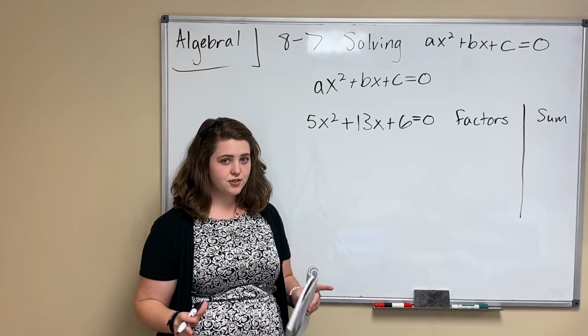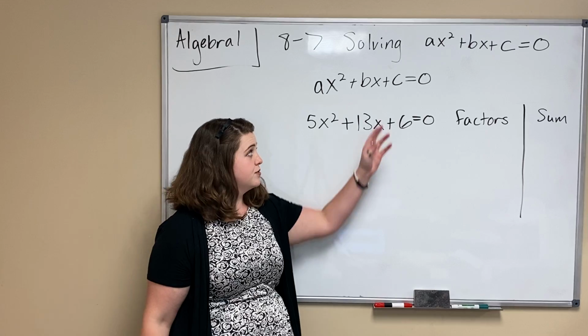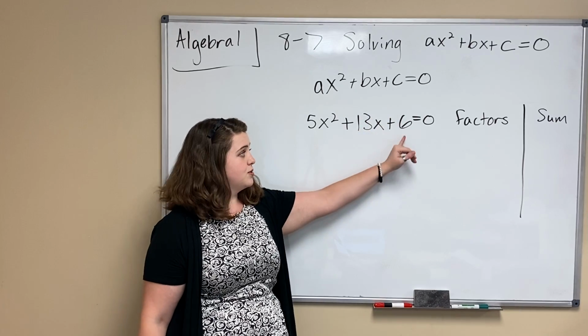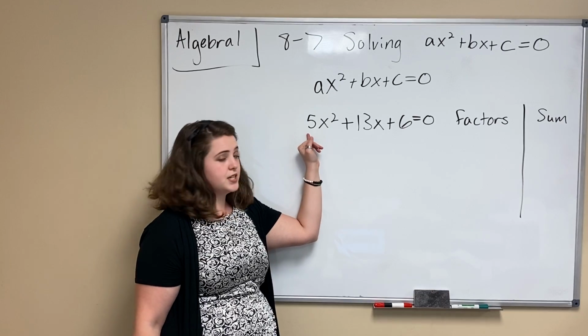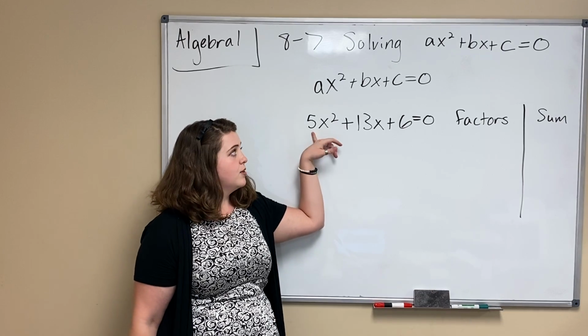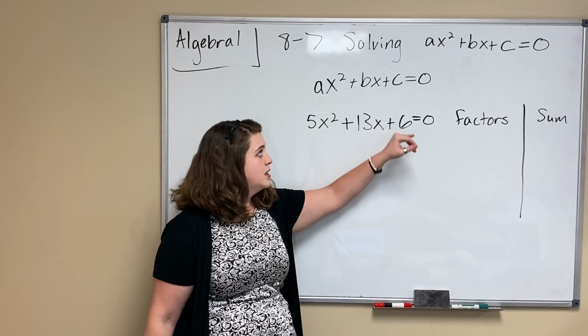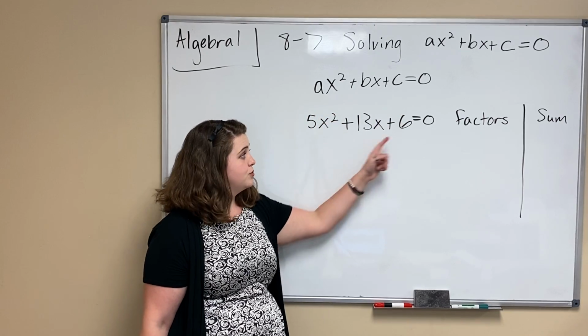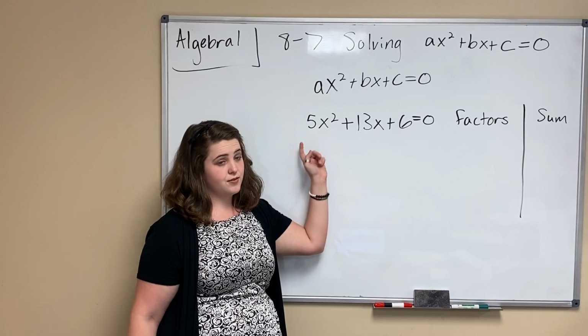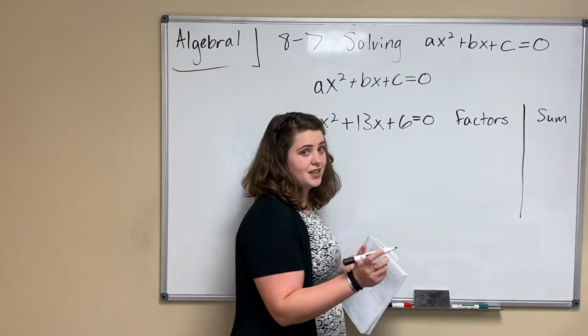But whereas yesterday I was just doing the factors of c, which in this case would be 6, now that we have a coefficient here that's greater than 1, I'm going to do the factors of c times a. So I'm going to do 6 times 5, which in this case is 30.